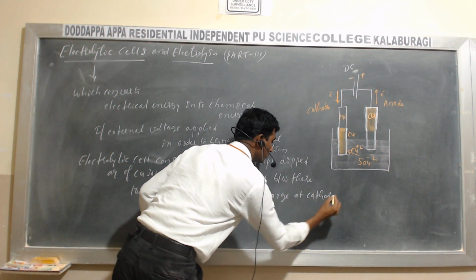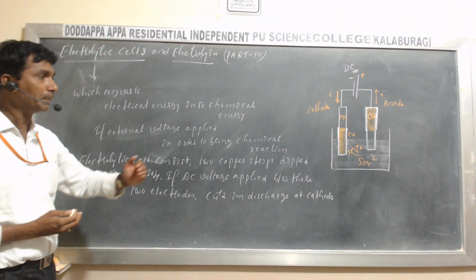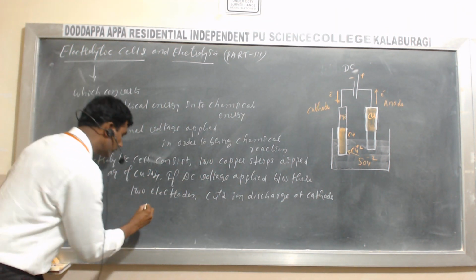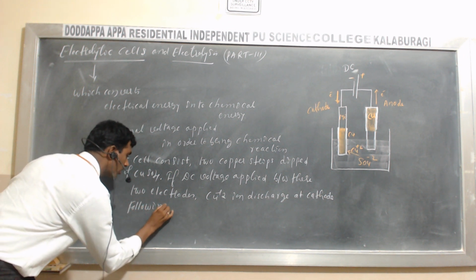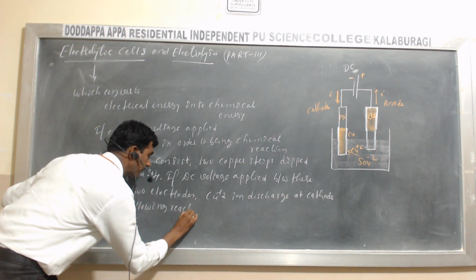Discharge at cathode means it deposits at the cathode. Now I can discuss the following reaction which takes place.